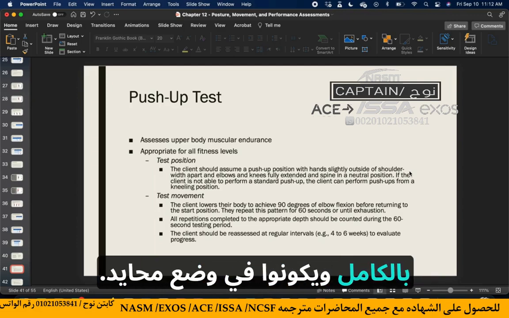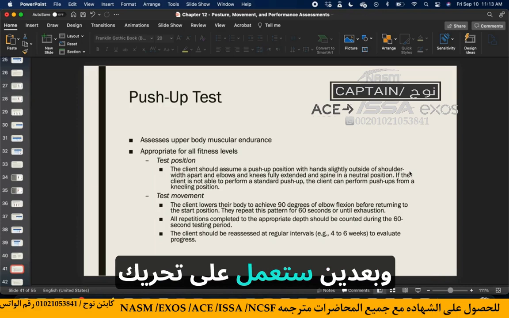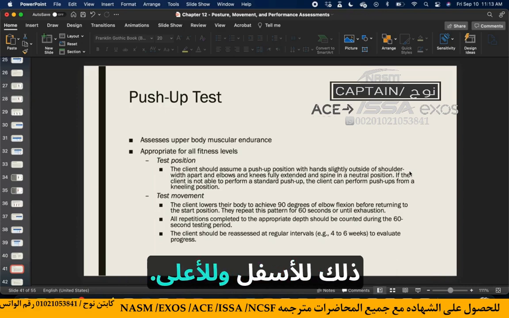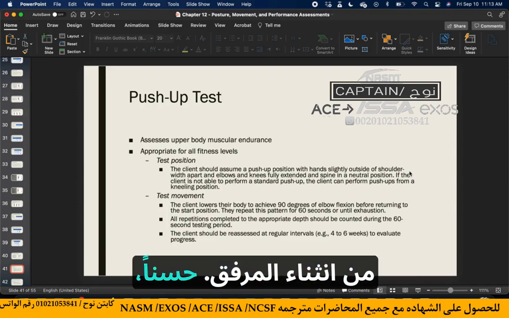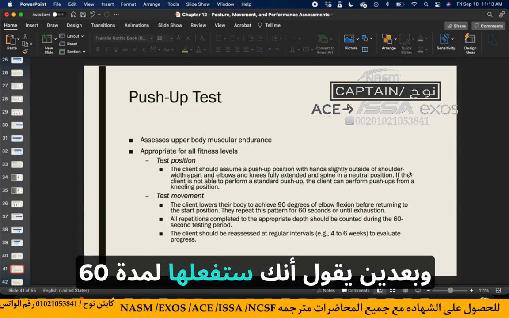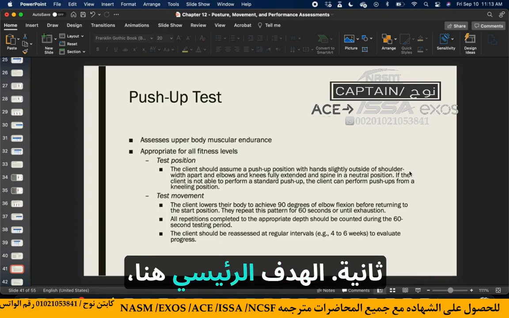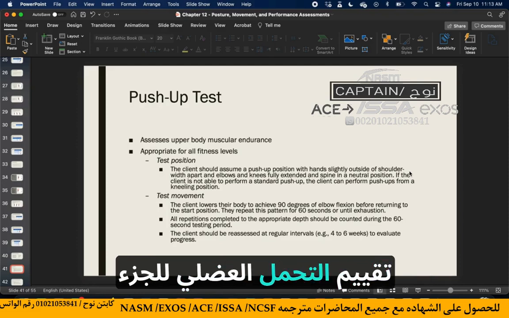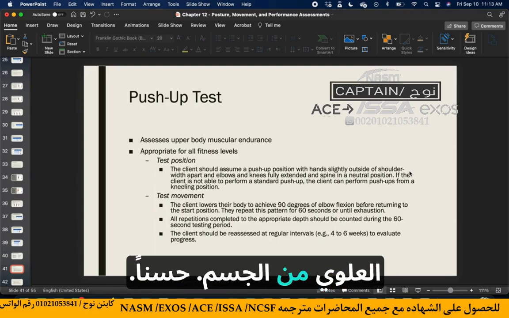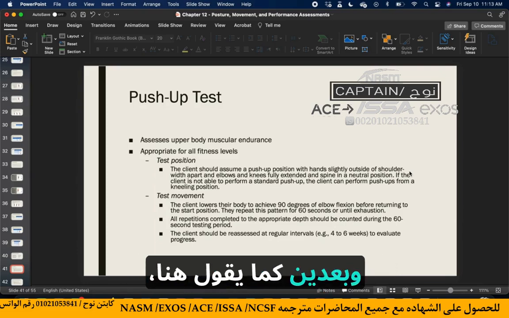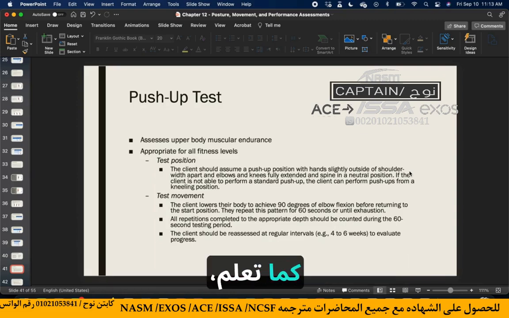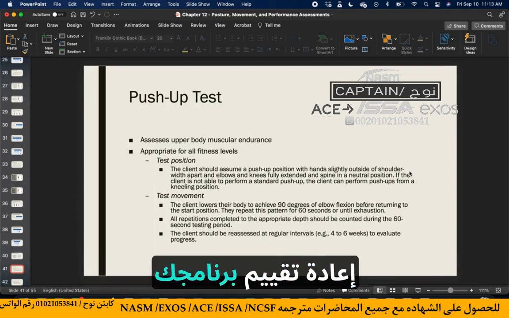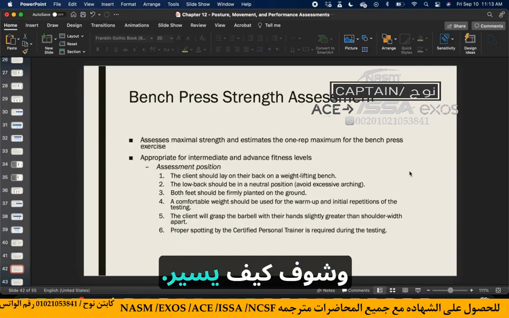Elbows and knees fully extended and neutral. Then you move down and up. The client lowers their body to achieve 90 degrees of elbow flexion, and you do it for 60 seconds. The main purpose is assessing upper body muscular endurance. A good time to reassess is 4 to 6 weeks. Reevaluate your program and see how it goes.